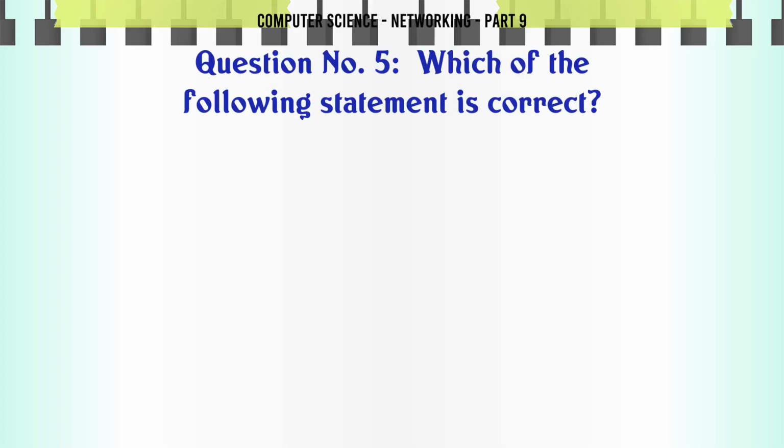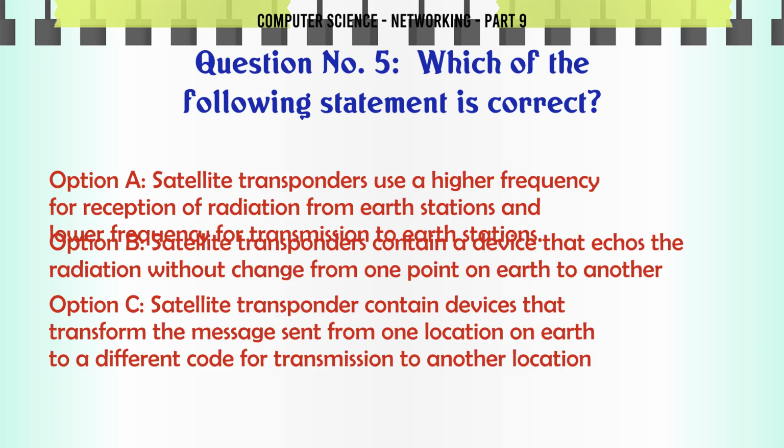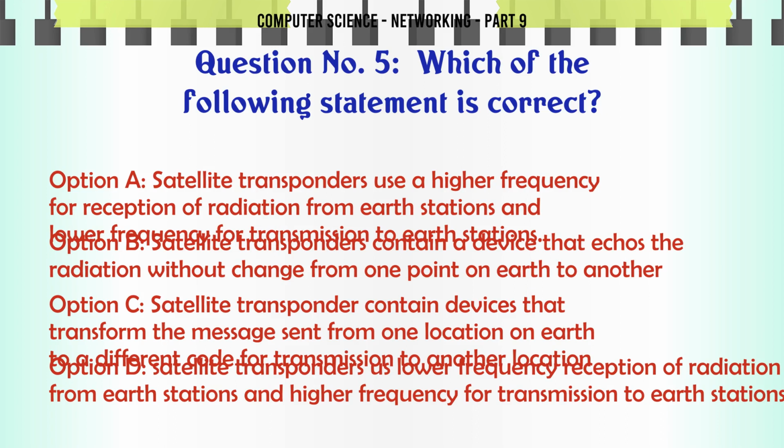Which of the following statements is correct? A. Satellite transponders use a higher frequency for reception of radiation from Earth stations and lower frequency for transmission to Earth stations. B. Satellite transponders contain a device that echoes the radiation without change from one point on Earth to another. C. Satellite transponders contain devices that transform the message sent from one location on Earth to a different code for transmission to another location.